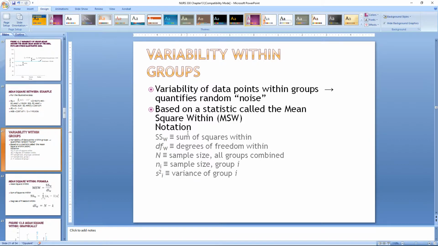Here are the notations for within. You'll notice they're set up the same, but with a subscript W for sum of squares within and degrees of freedom within, n being the sample size of all groups combined, n subscript i being the sample size of group i, and s squared i being the variance of the group.